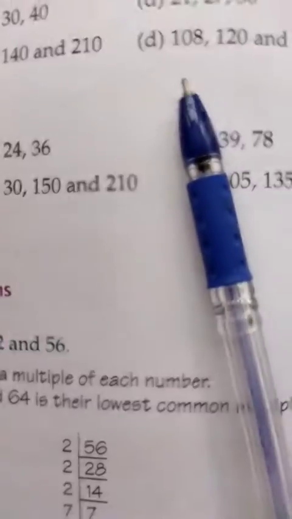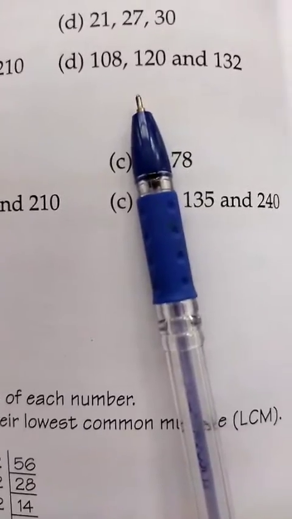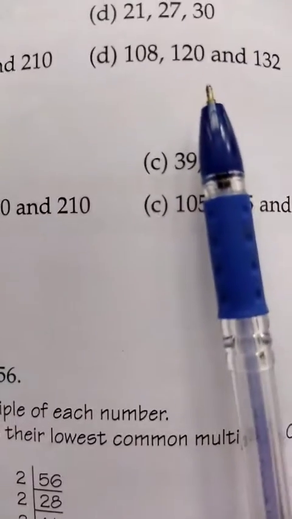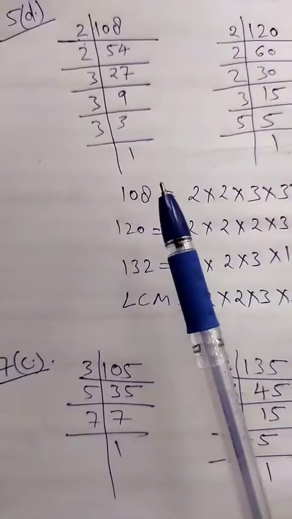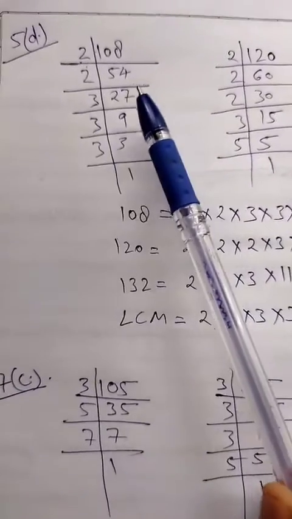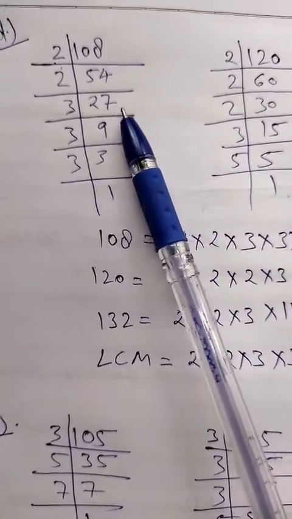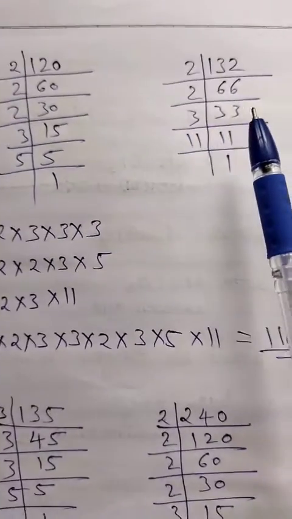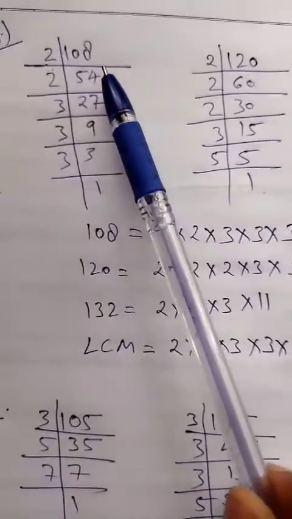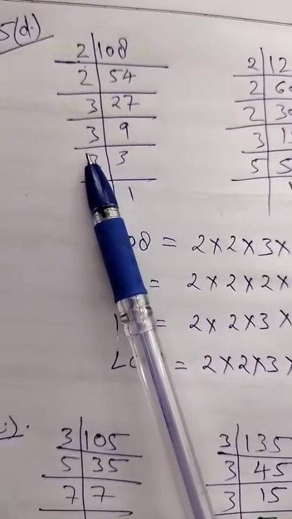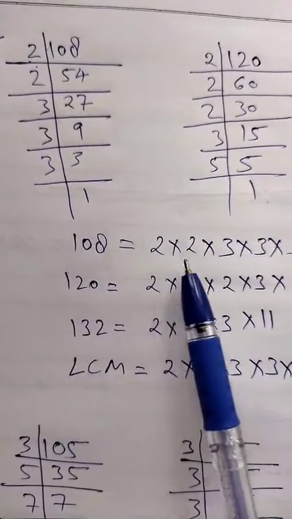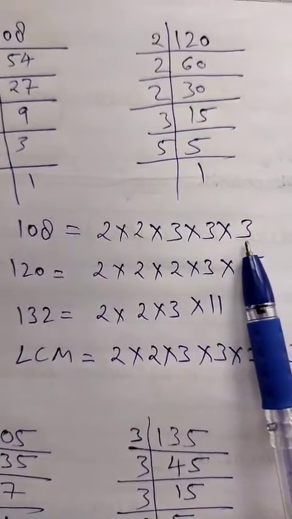The numbers are 108, 120 and 132. So you have to find the LCM of these 3 numbers. See how you are going to find this. First of all, you will do the factors of all the 3 numbers. 108 factors you will do, then you will get 2 into 2 into 3 into 3 into 3.